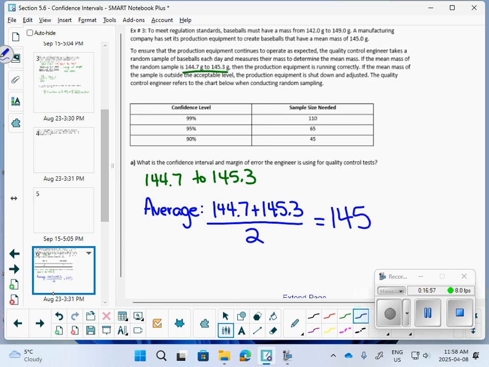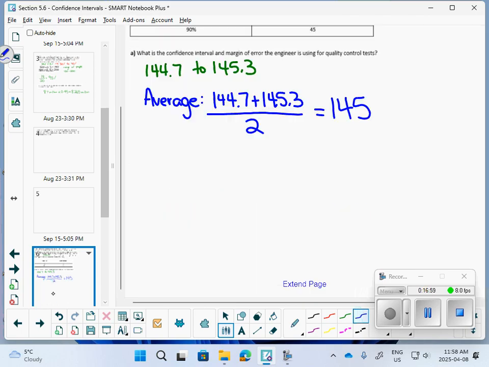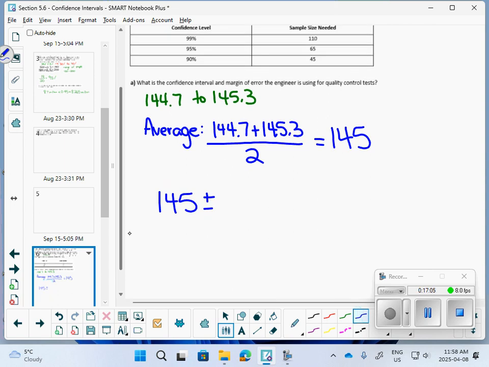Now we need our confidence interval. 145 plus or minus what's my margin of error? How do I get to the range, how do I get to 144.7 and 145.3?